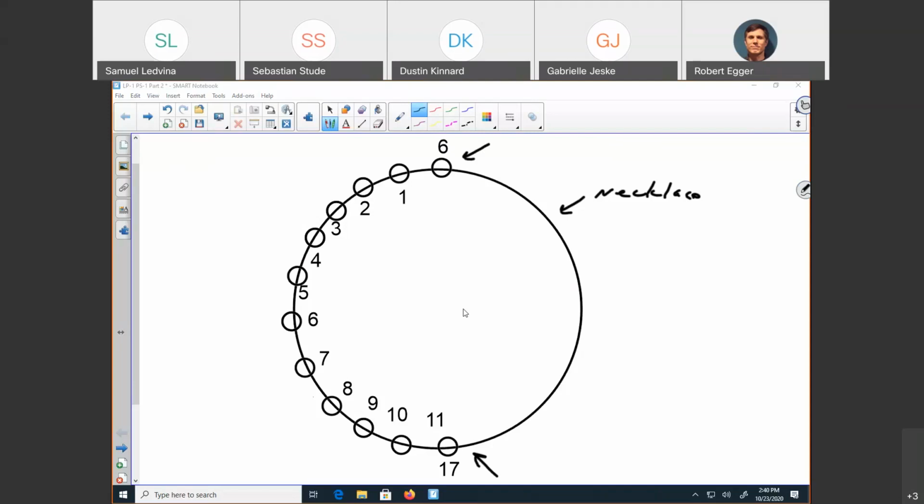So I just drew in a bunch of circles, and I wanted to see how many stones were there from basically 6 to 17. I started here and counted these stones up and got 11.